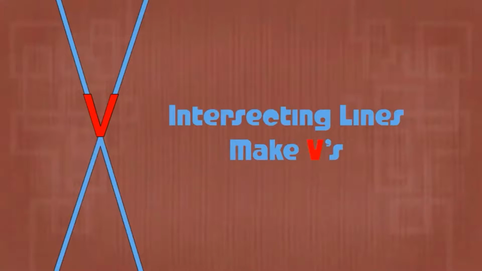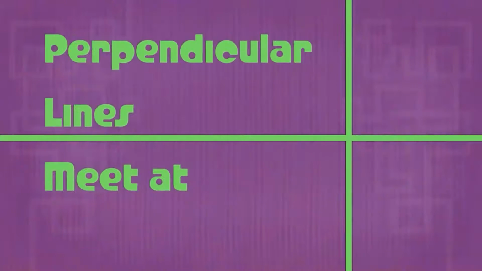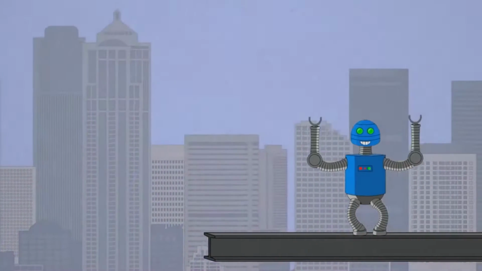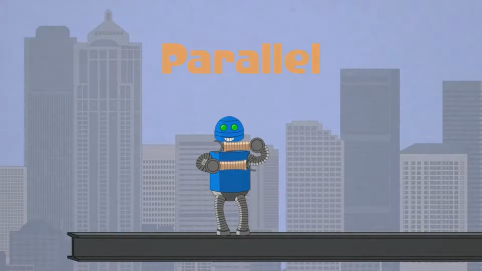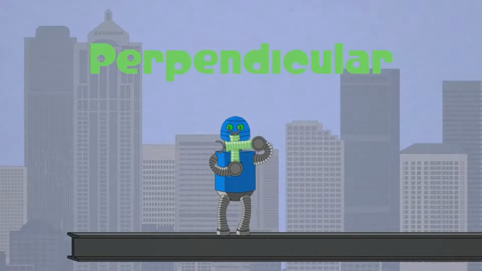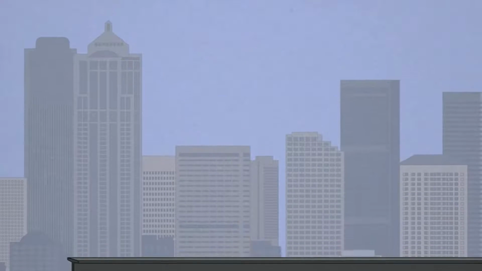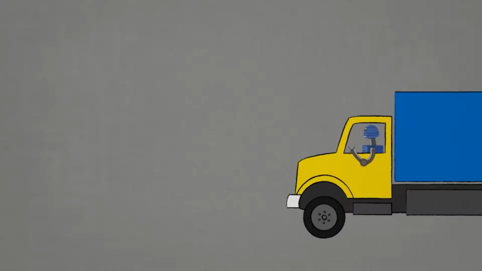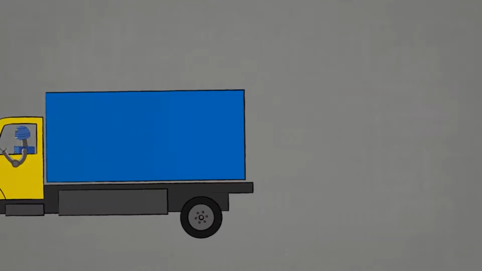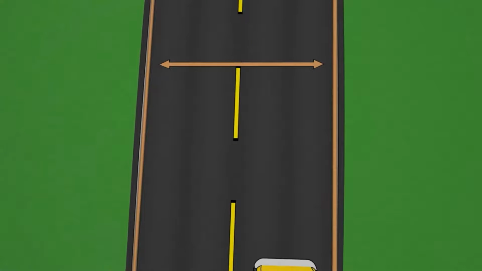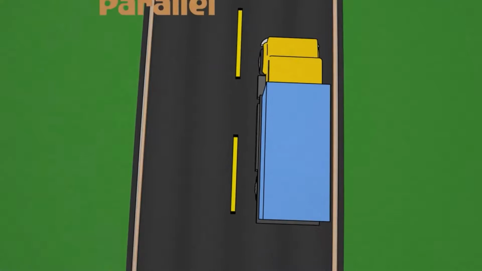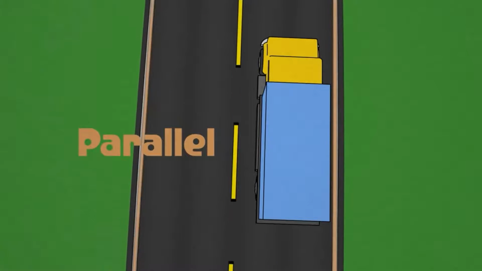Intersecting lines make V's. Perpendicular lines meet at 90 degrees. Put your hands in the air with me. Parallel, intersecting, perpendicular, they're rectangular. When two lines will never touch, then you can tell that those two lines are parallel.